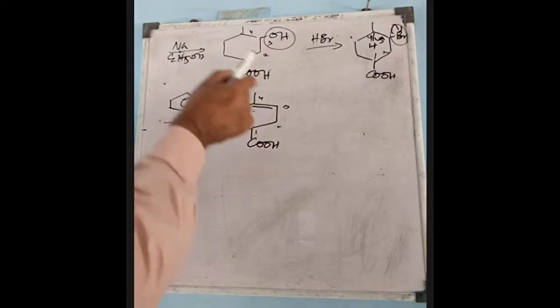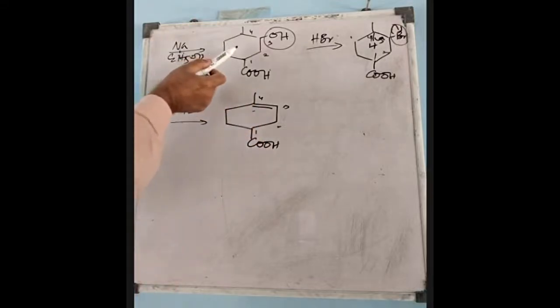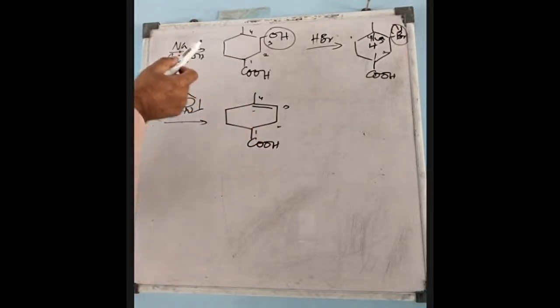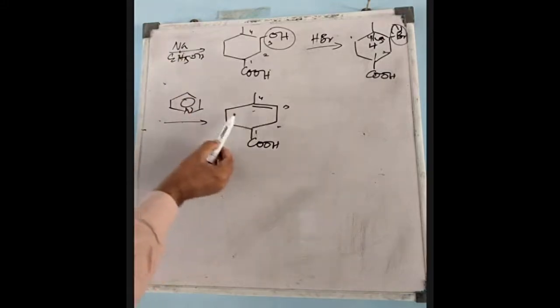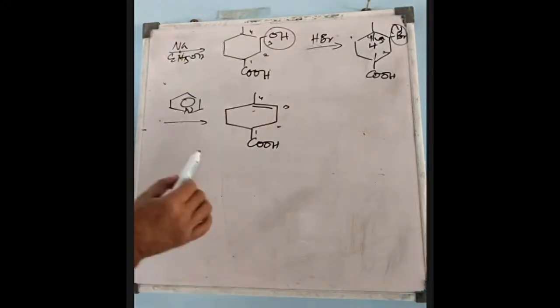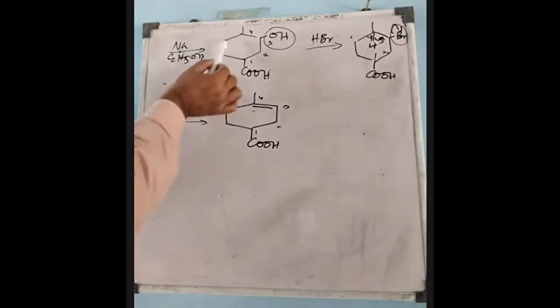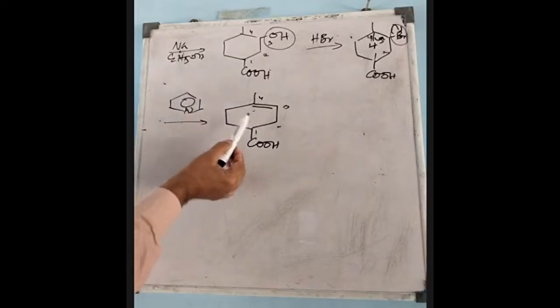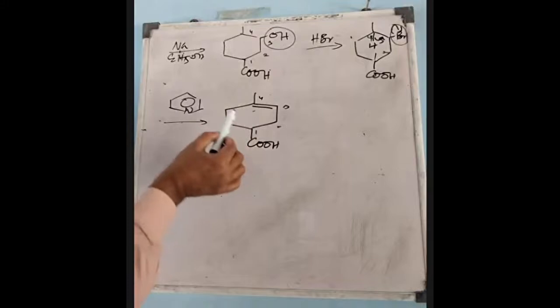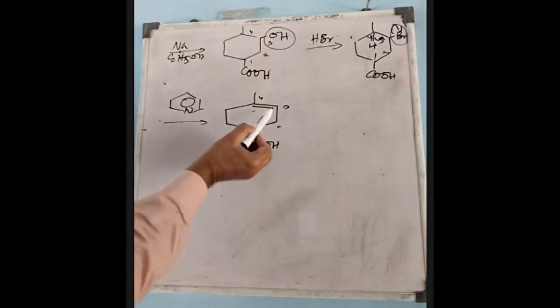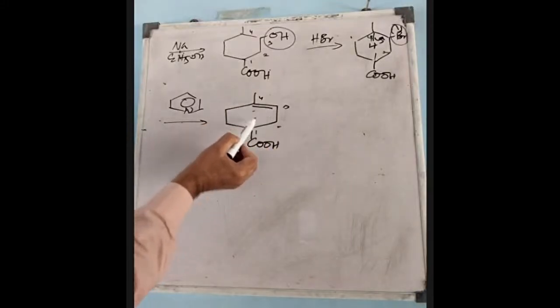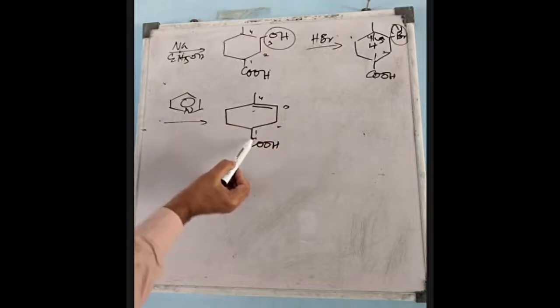Earlier we said hexahydro or perhydro, but here you see there is a double bond, so we can also say it is tetrahydro paratoluic acid. It was hexahydro paratoluic acid, now it is tetrahydro paratoluic acid. Or we can also call it 4-methyl 3-cyclohexene, 1-carboxylic acid.